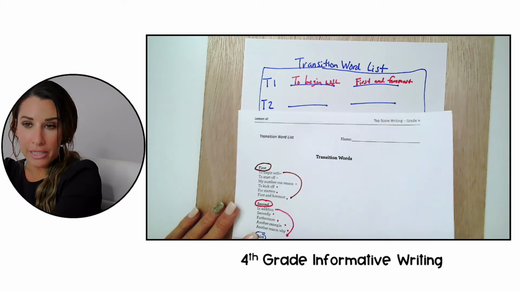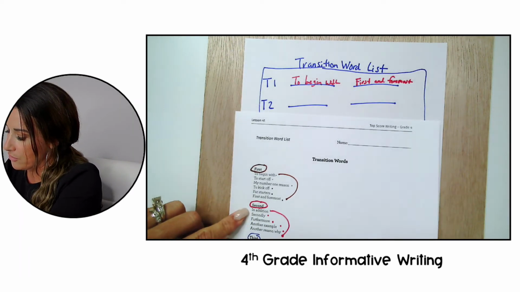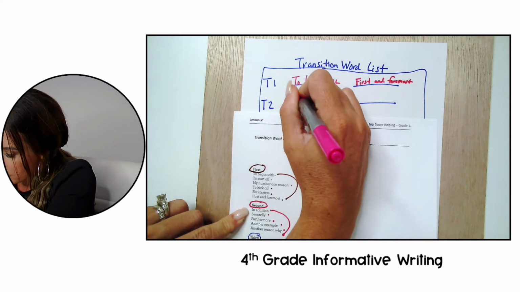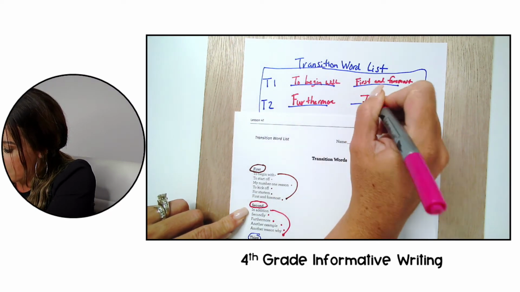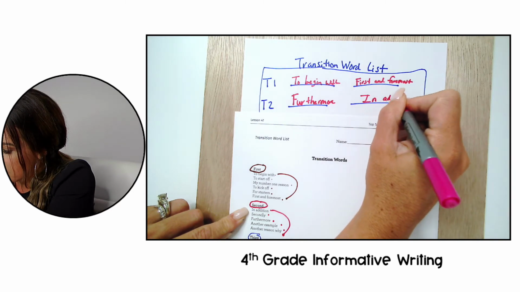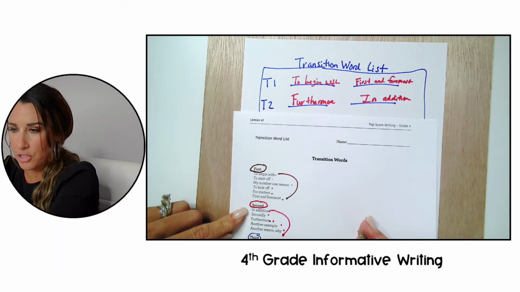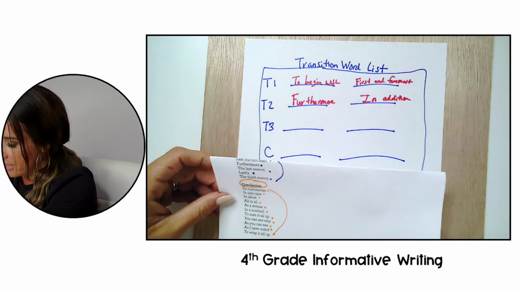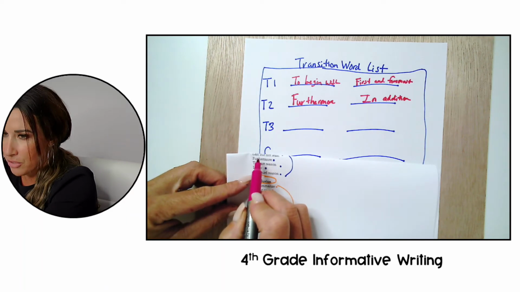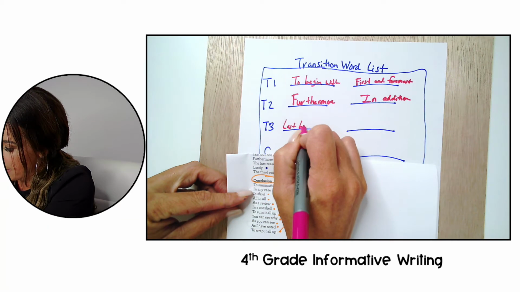And when I get to my T2 paragraph, instead of using second from now on, I think I'm going to use furthermore. I like that one. And in addition. So furthermore and in addition, those are the 2 that I choose. And for third, instead of saying third, I'm going to choose last but not least and lastly.